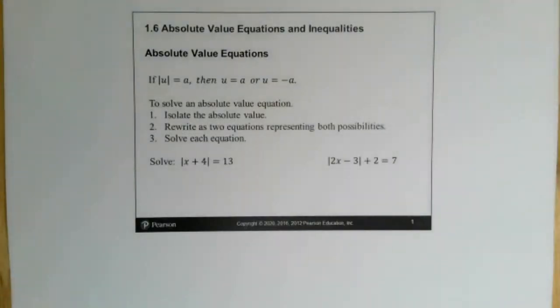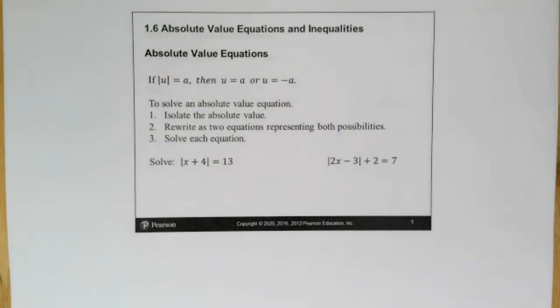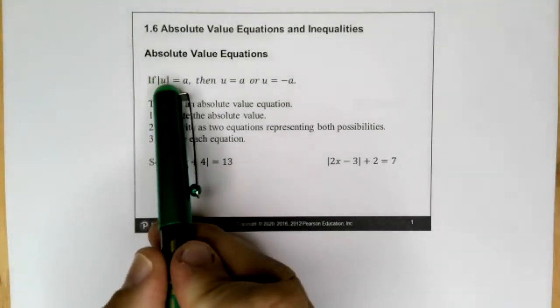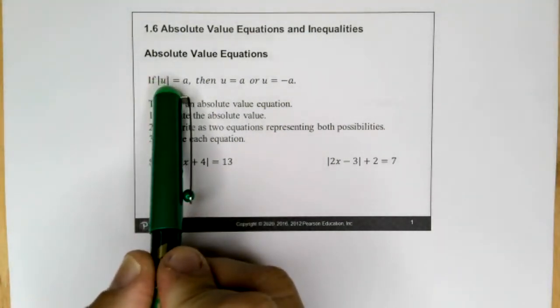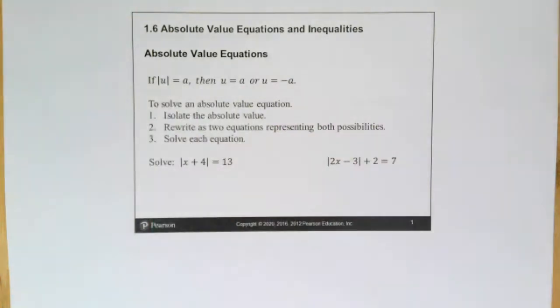So what does absolute value mean? Absolute value is finding out the distance between that number, whatever is inside here, and 0. It does not matter if you are moving, so you're on a number line.